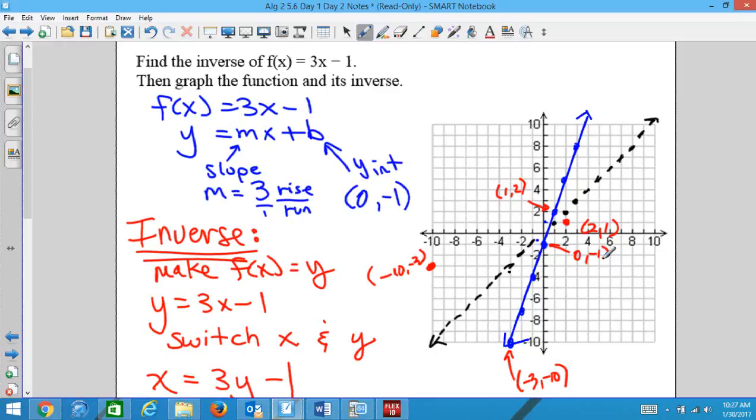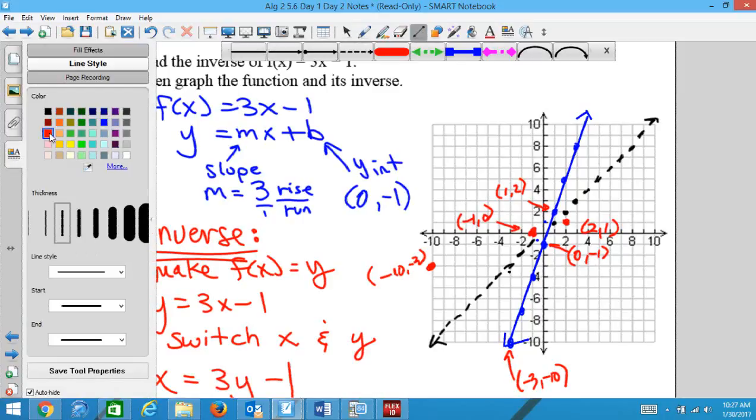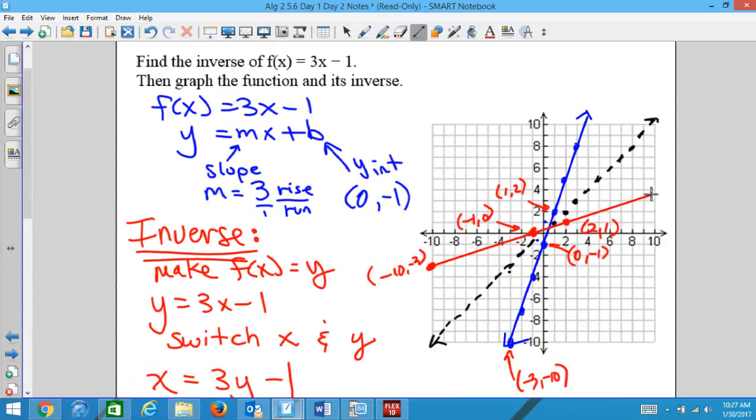So if I were going to do the inverse, I switch them and I graph negative 1, 0. Once you have a few points, you can just use your straight edge to connect them. You just have to make sure that it looks like they reflect over the y equals x line.